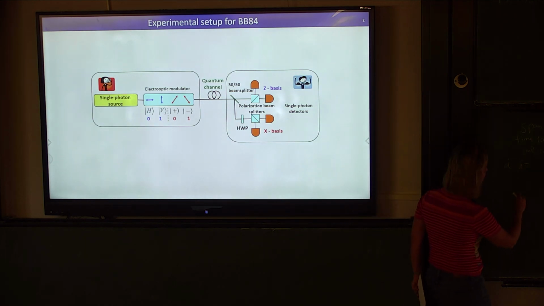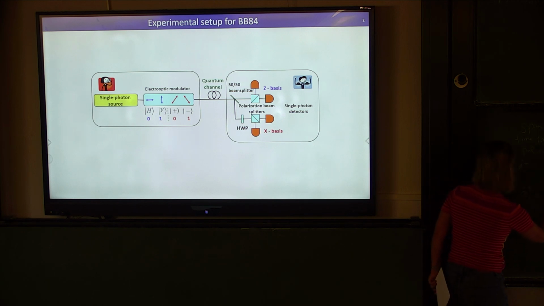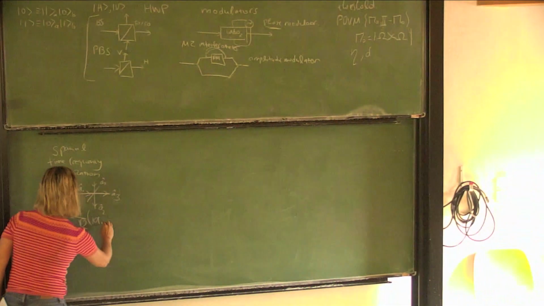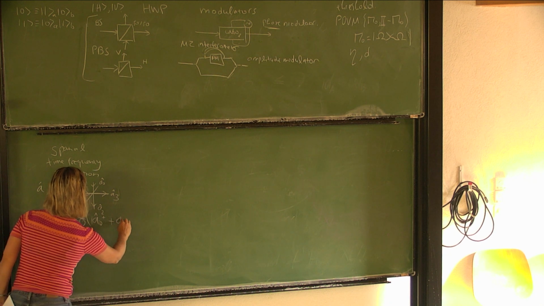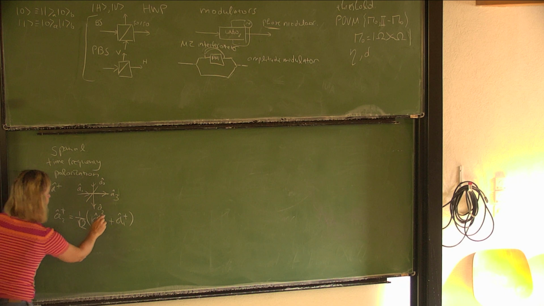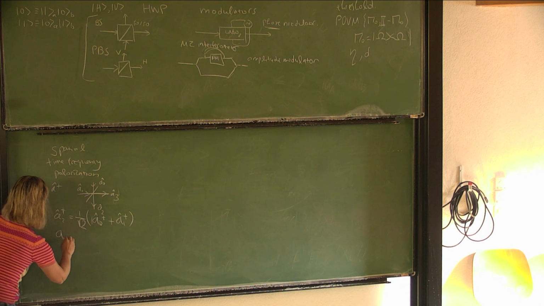You can see, for example, that A2, again in the Heisenberg picture, the creation operator for a 50-50 beam splitter is going to be A0 plus A1, and then A3.